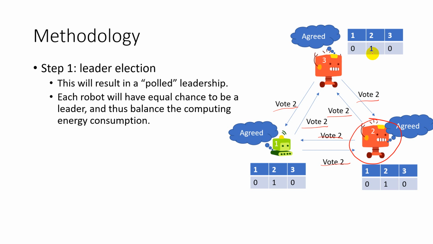They add value 1 to the popularity list entry for robot number 2. So the next time they will create their votes from number 1 and number 3, because they have less popularity value. So this algorithm results in a rotating leadership, and each robot will have a relatively equal chance to be a leader.